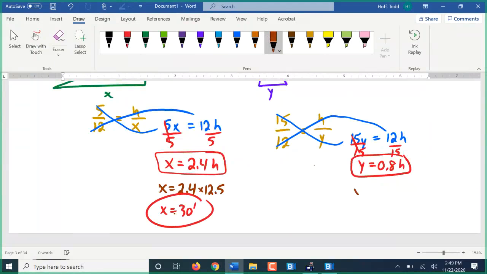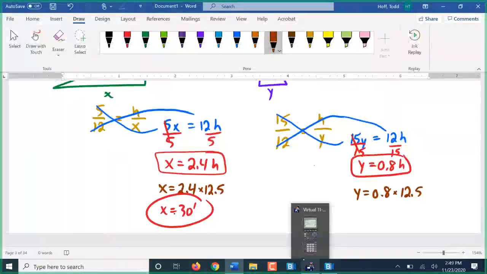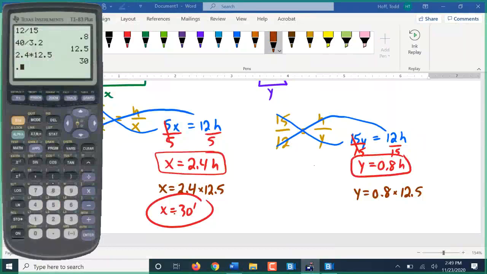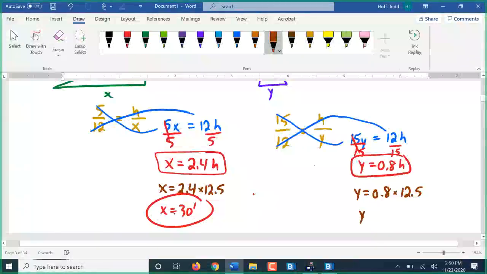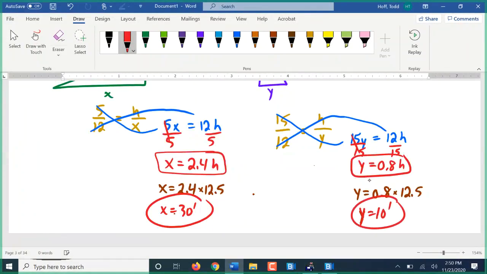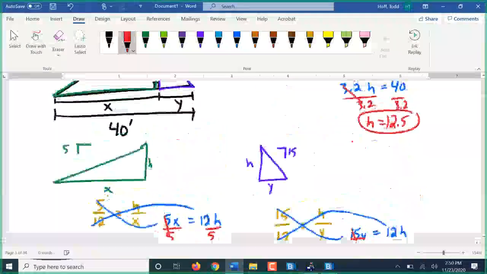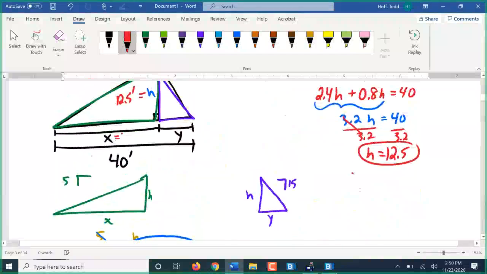Y is 0.8h, so 0.8 times 12.5, which I believe is 10, but let's double check it. It is, y equals 10. So we get x equals 30 feet, y equals 10 feet.